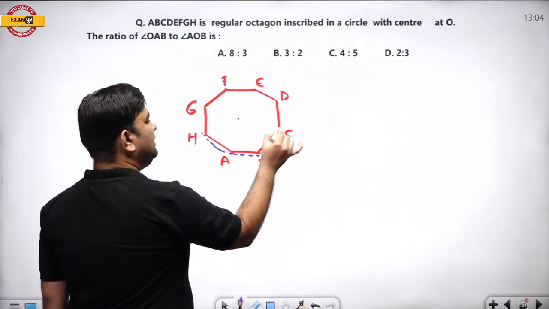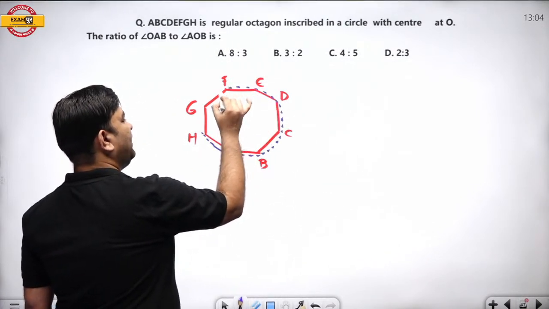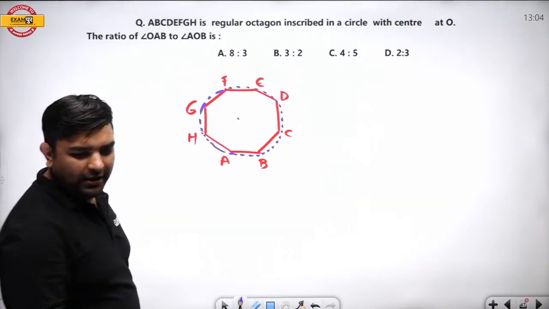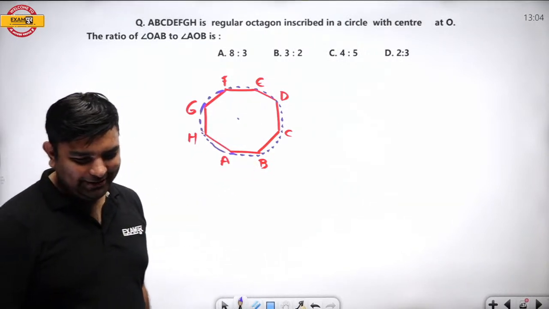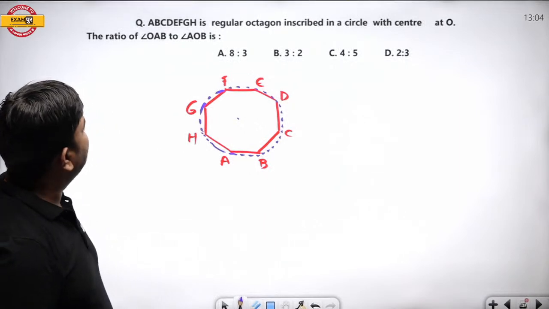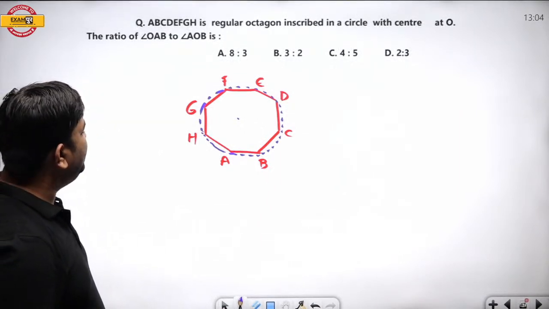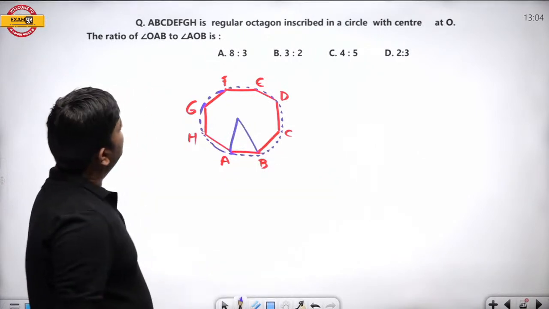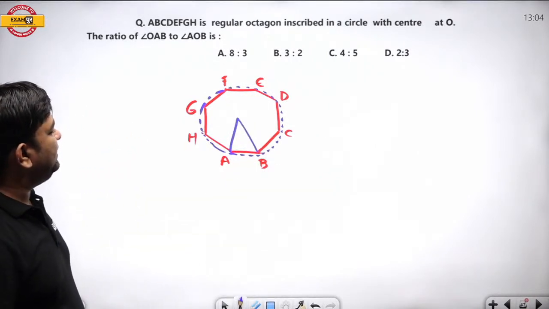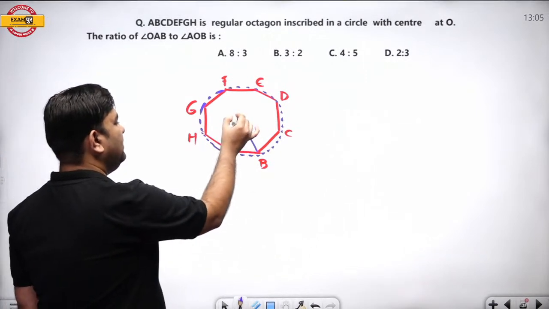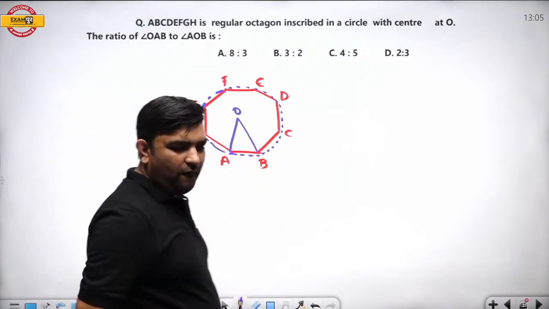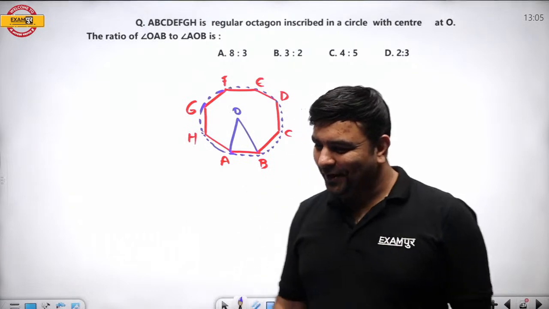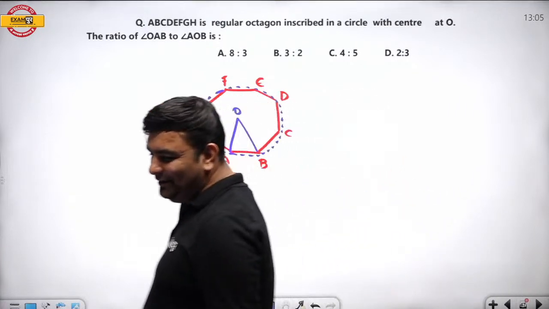If you want to make the circle, you can, otherwise not that much required. However, draw it. It will look good. Center O. What is angle AOB to angle OAB? Oh, OAB, same. Wow, what an easy one.